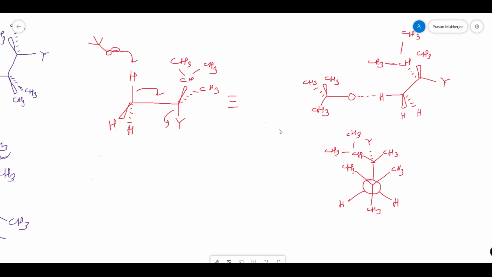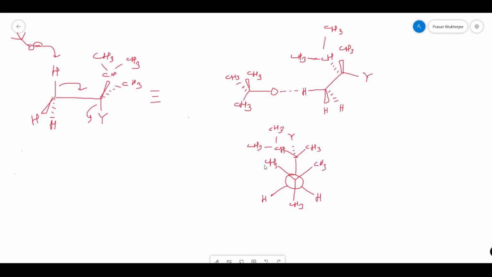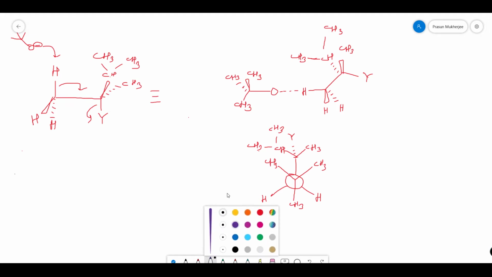So this will be the projection of the same interaction. So in this case we can see that the previous methyl repulsions are now gone, but these repulsions are still there.